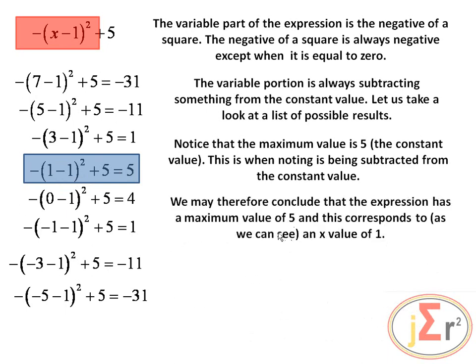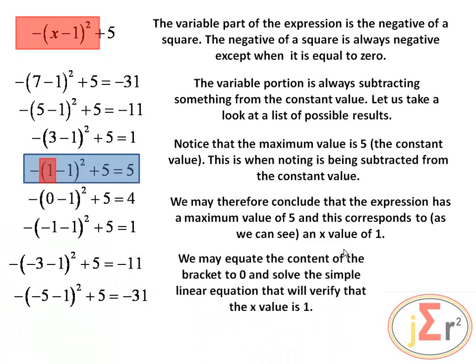So we may therefore conclude that the expression has a maximum value of 5, and this corresponds to, as we can see, an x value of 1. We may equate the content of the bracket to 0 and solve the simple linear equation that will verify that the value of x is actually 1.